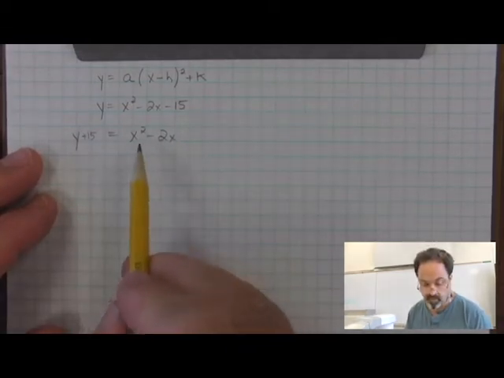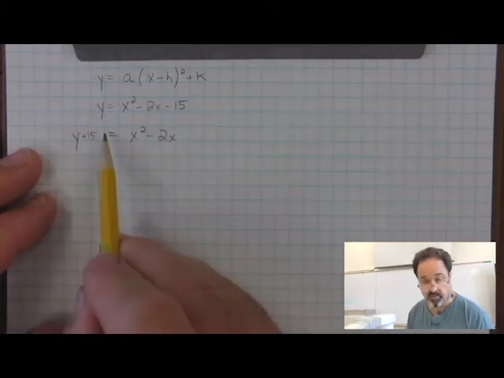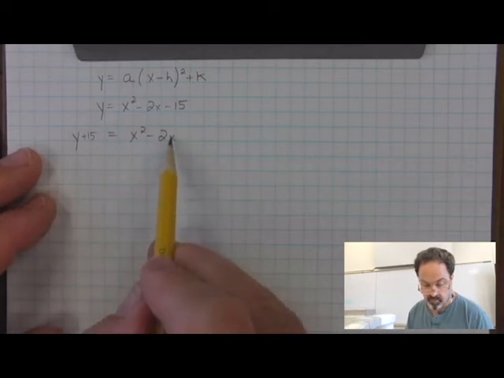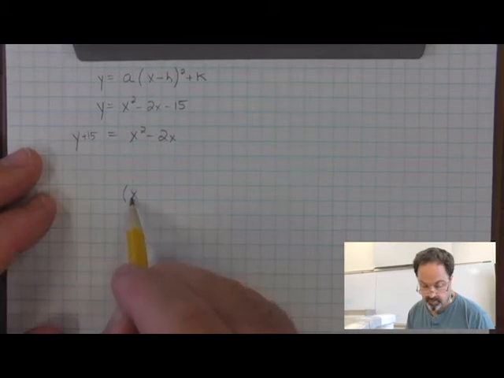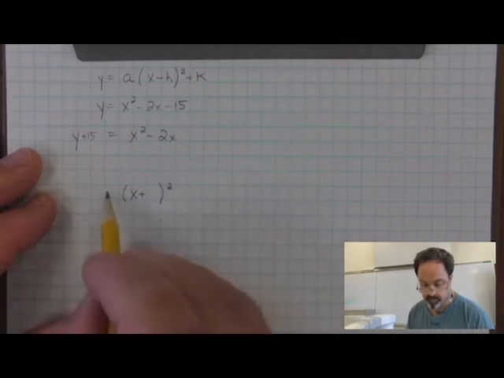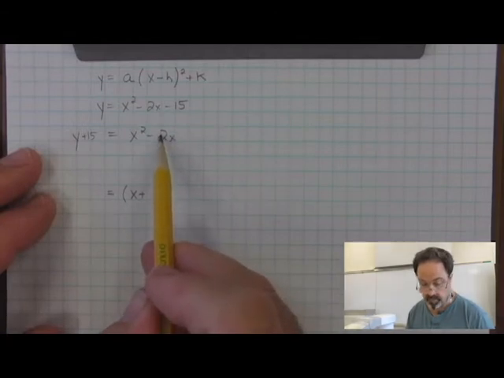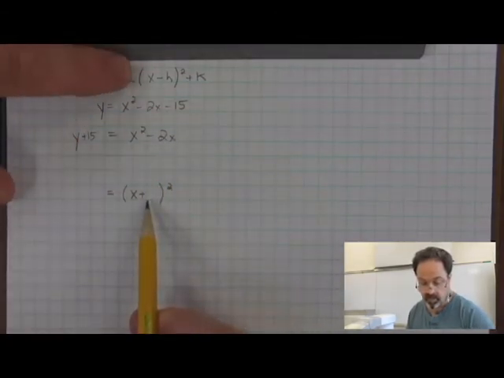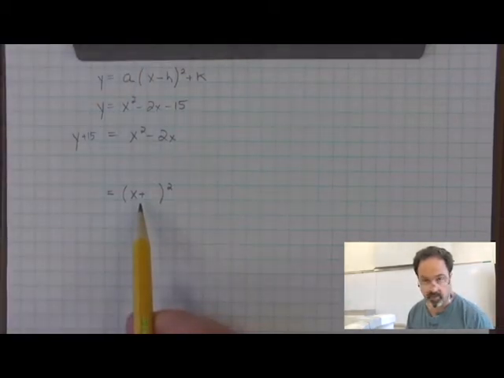And what I'm going to do is strategize, manipulating this algebraically so that these two terms can turn into x plus something all squared. I want to change the form of this so that it will turn into the kind of square that I'm looking for. How do I do that?